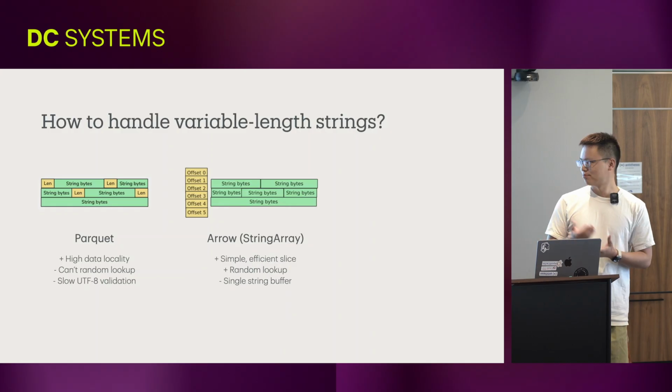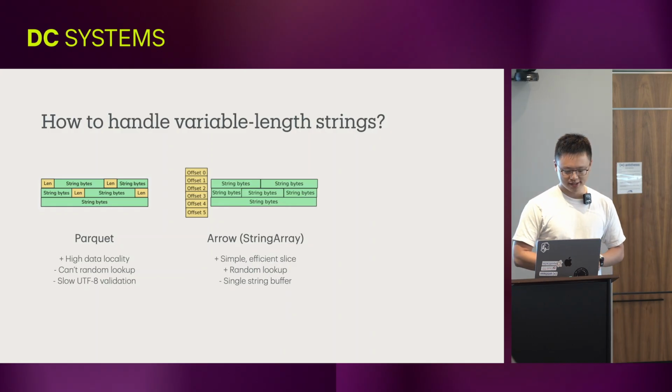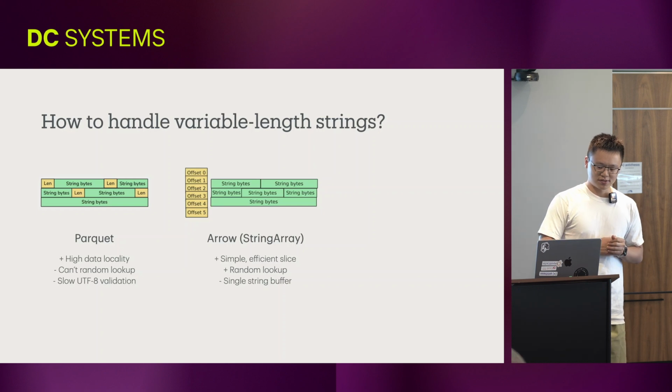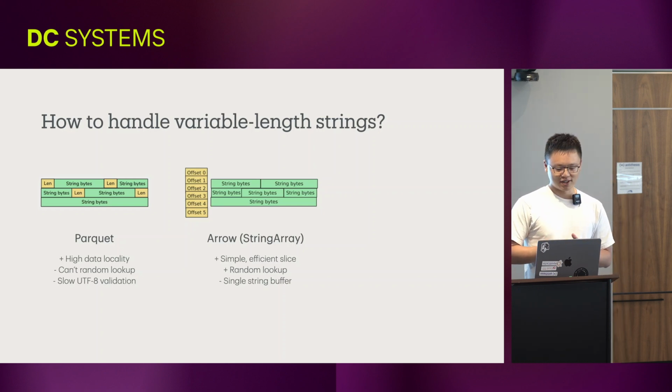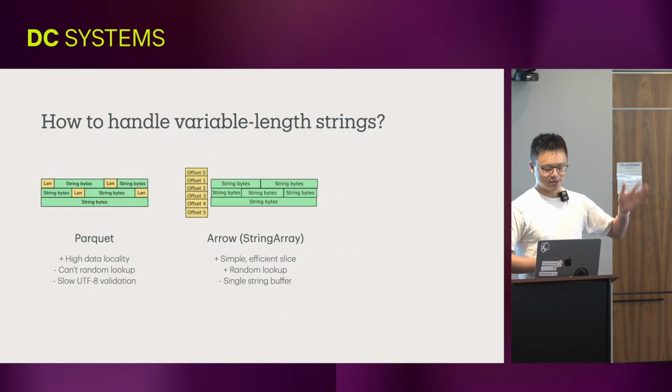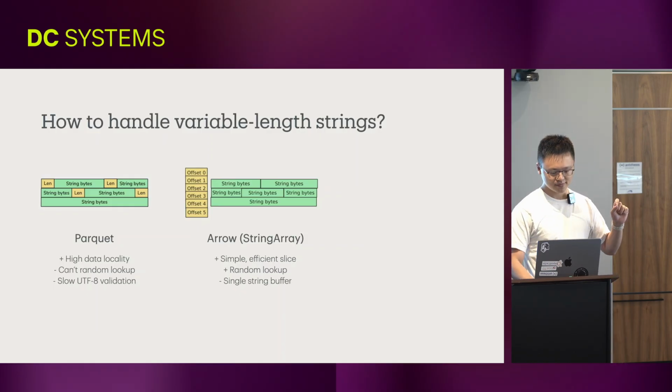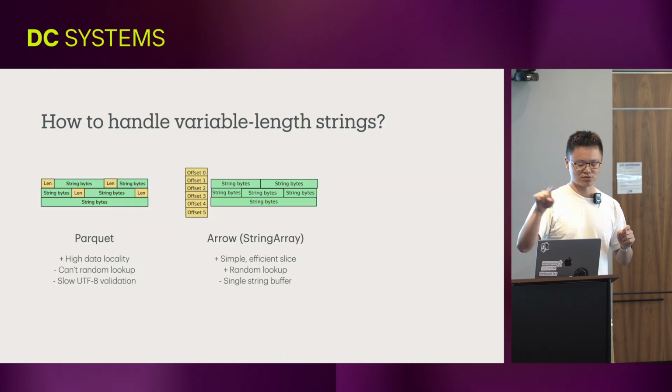There are other approaches, like the Arrow string array, which basically has a continuous string buffer where the strings are concatenated one after another. And we have a separate offset array, an integer array, that points to the different string locations.